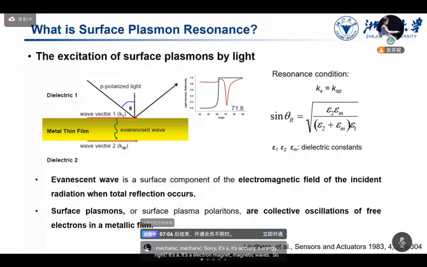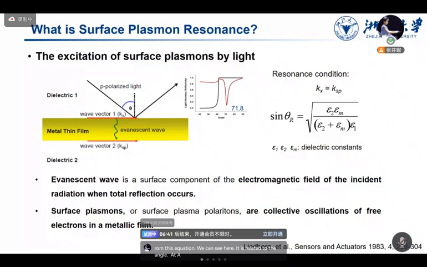So with the introduction of the electromagnetic waves, the free electrons will oscillate. When this oscillation wavelength matches the wave vector along the surface of the metal, there will be the resonance condition. And from this equation, we can see it is related to the angle.